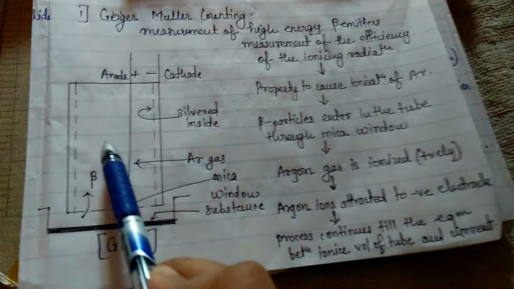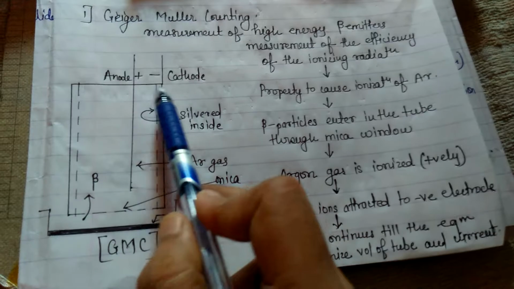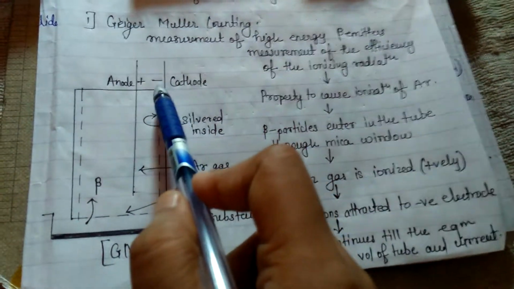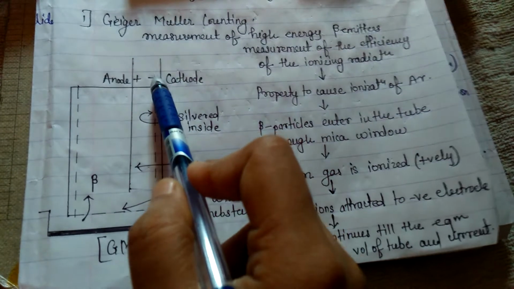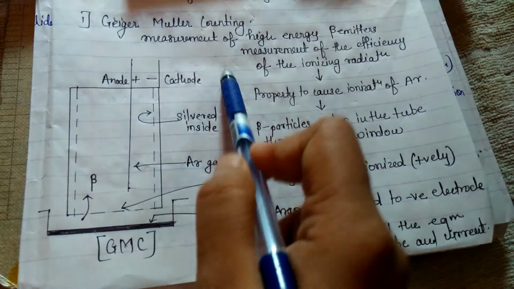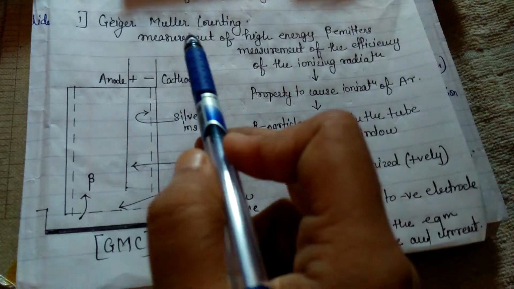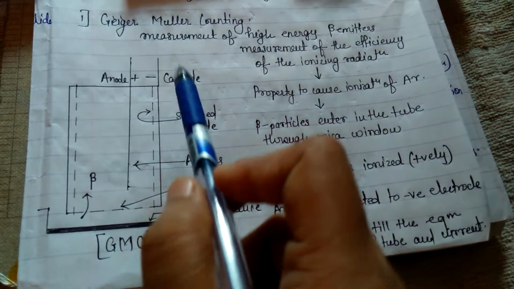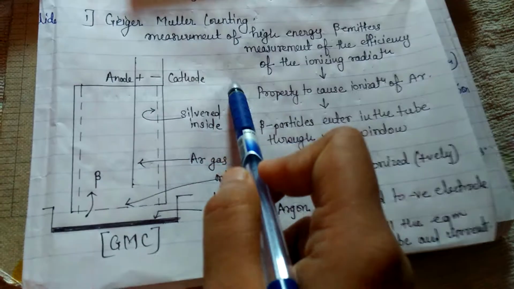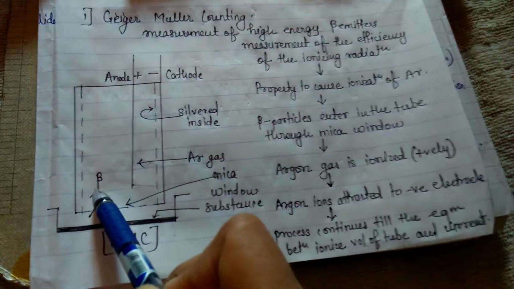Those ions are positively charged, so they are attracted to the negatively charged electrode, the cathode, which results in a current. That current detects the intensity of the ionizing radiation, and that intensity is directly proportional to the efficiency of the beta particles.